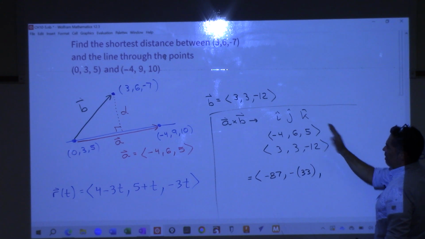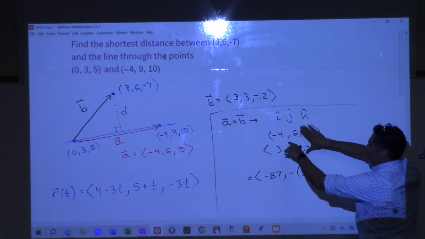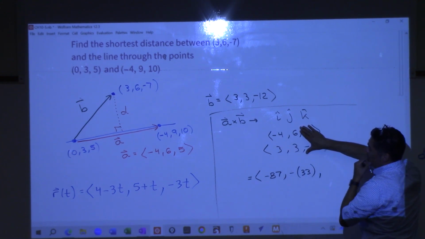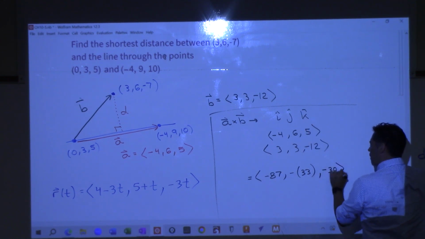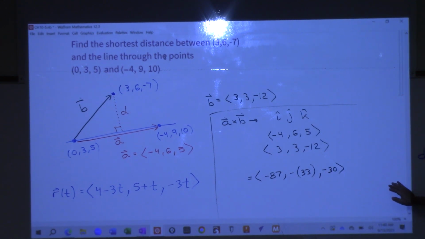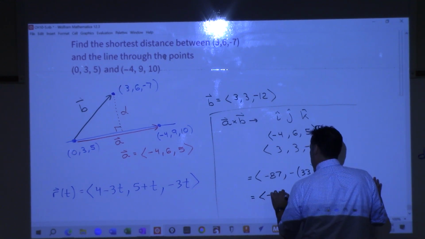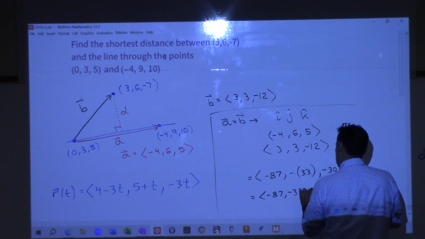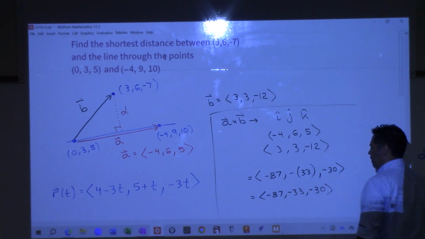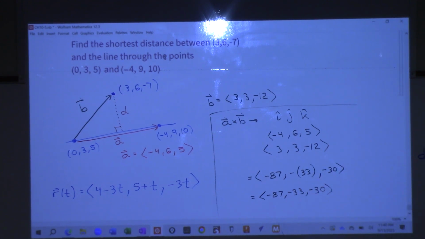And then the last one, negative 12 minus 18, negative 30. There we go. Negative 87, negative 33, negative 30. Maybe you change those all to positives, but I don't think we can scale that at all.